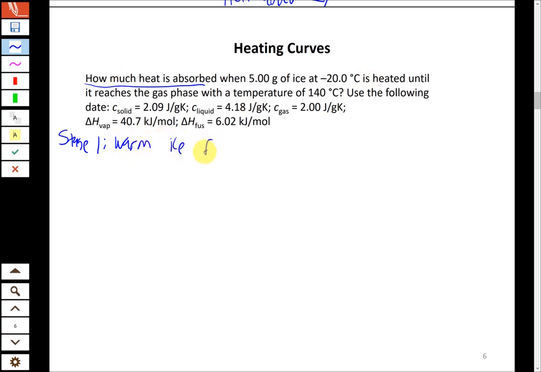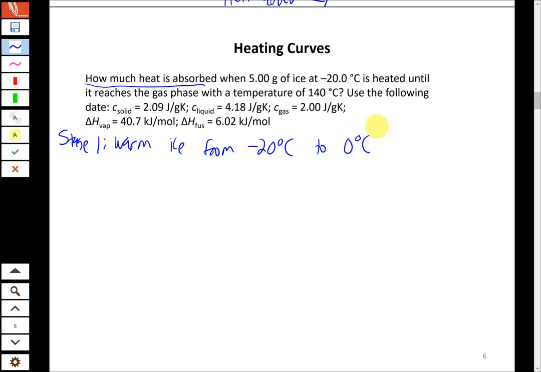You're starting out with solid water or ice at minus 20 degrees Celsius, and you're going to heat it up until you get to the next phase change temperature, which is 0 degrees Celsius for water. Now, again, the temperature at which these phase changes occur depends on what substance it is. For water, you should know that it melts at 0 and boils at 100. That's common knowledge for the most part. But for other substances, these temperatures will be different. For water, we're going to warm it up to 0, and that's when it'll start melting.